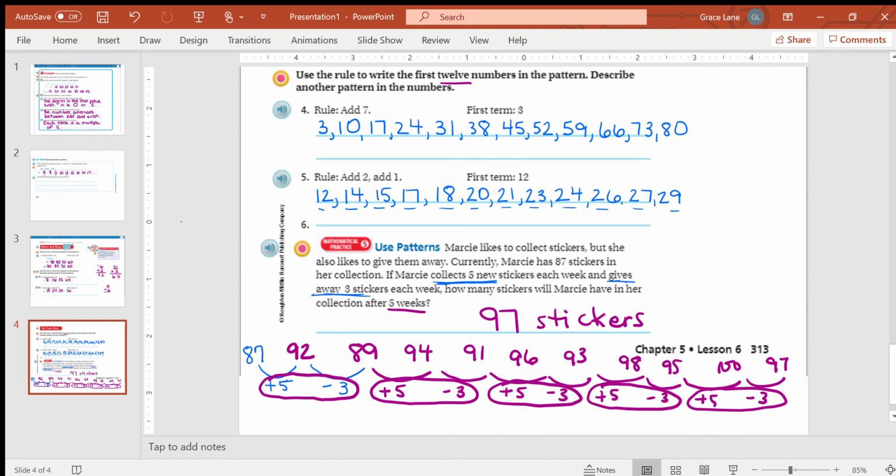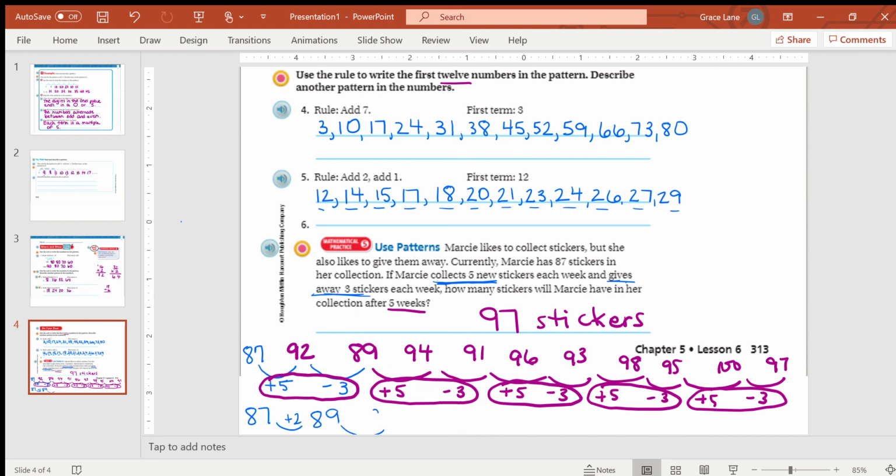So again, if you can think of it a different way, as in, if you get 5 stickers, but you take 3 away, you're really only getting 2 stickers a week. So if you did that 5 times, you add 2 5 times for 5 weeks. Now she has 89, that's 2.